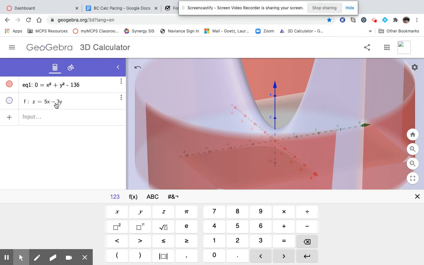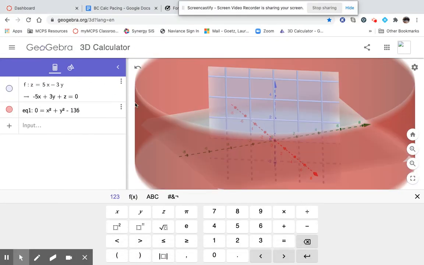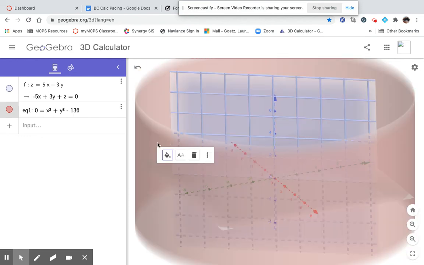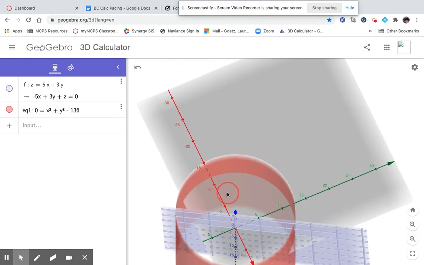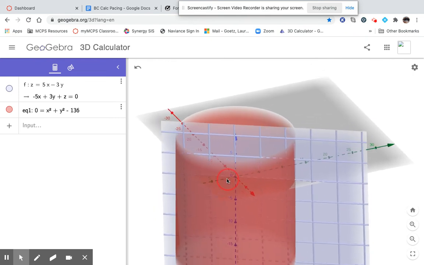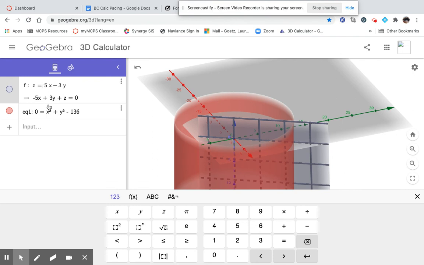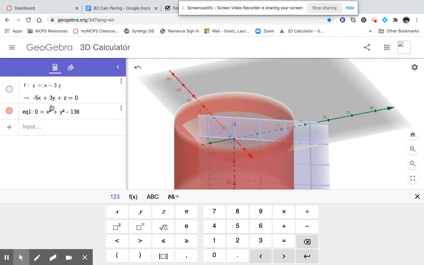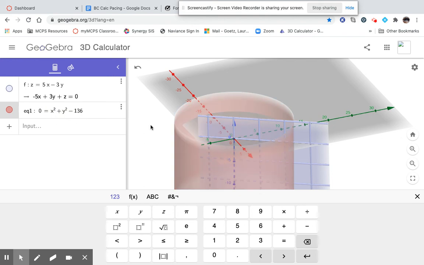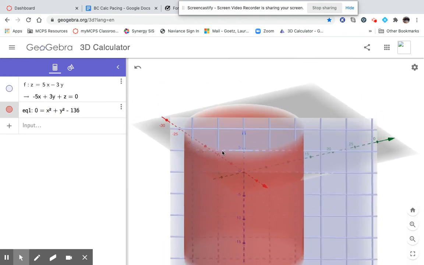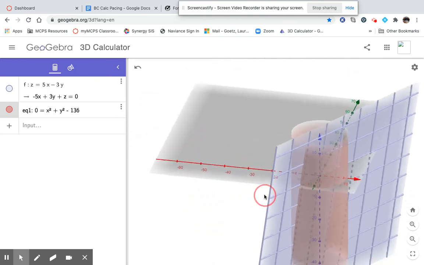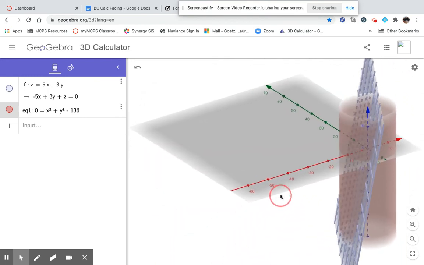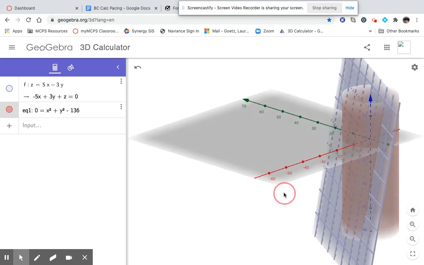Is that right? 5x minus 3y. There we go. You can see it a little bit better that way, that plane coming through there.